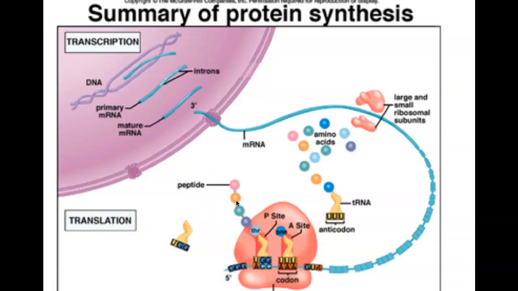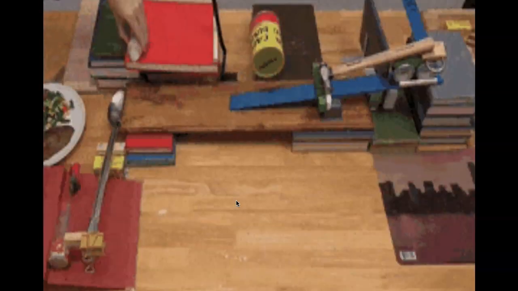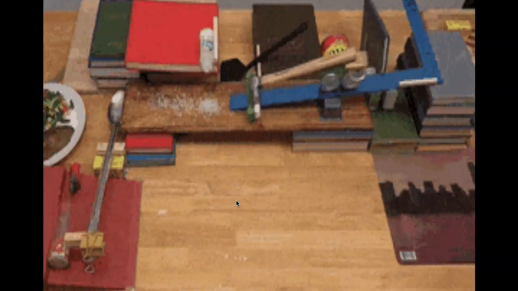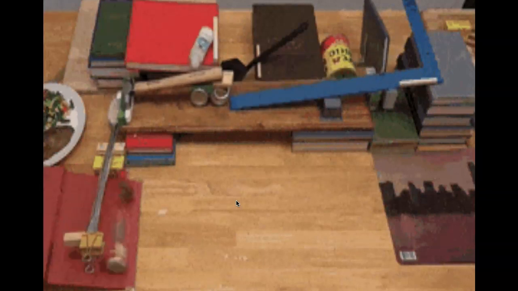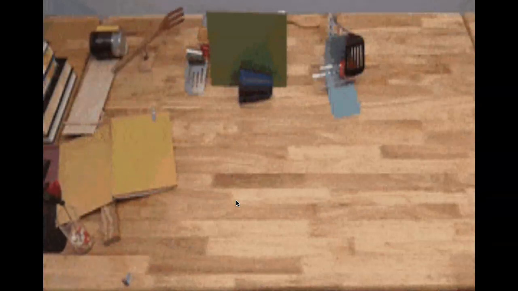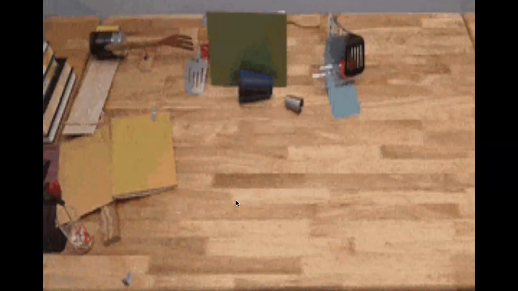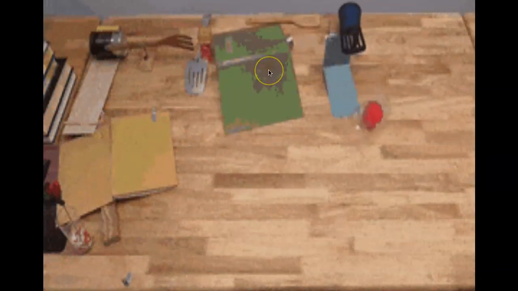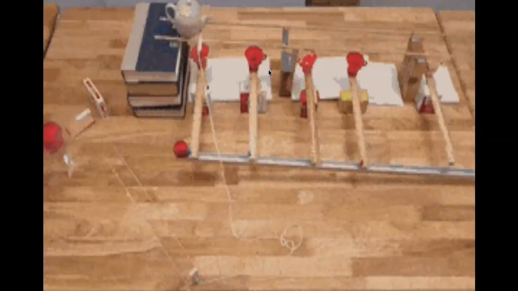Another thing you can think about when we're moving forward talking about direct gene activation and the second messenger system is a Rube Goldberg machine. Some of you might have seen these before and not known what they're called. They're called a Rube Goldberg machine simply for the person who invented them, or this style of making machines that have all these complex processes just to do one simple task.